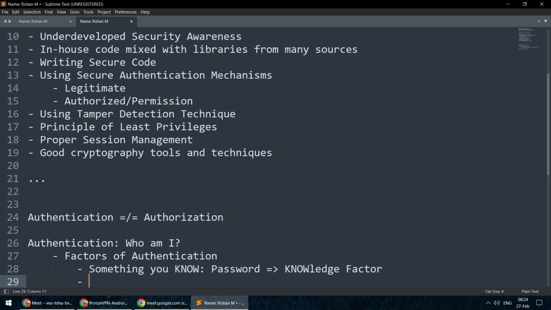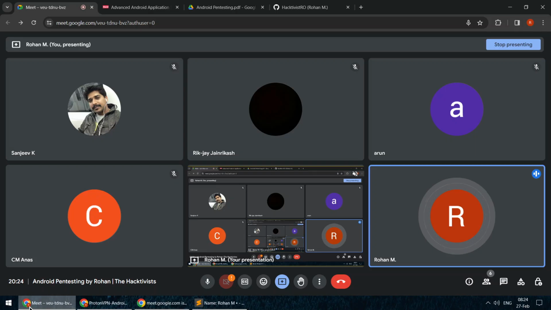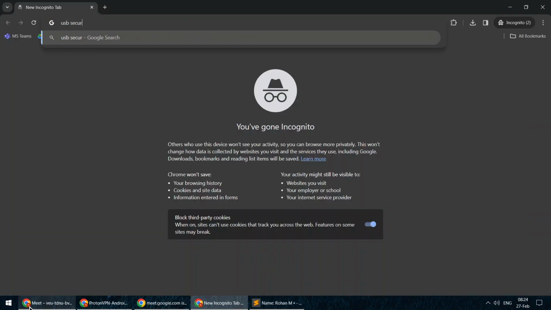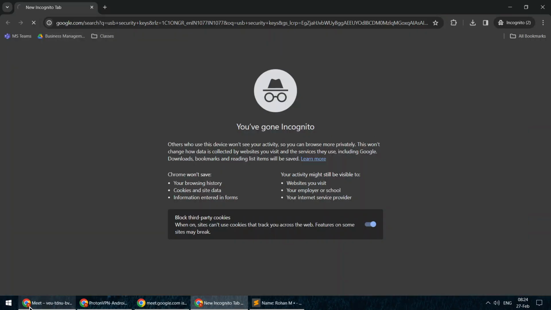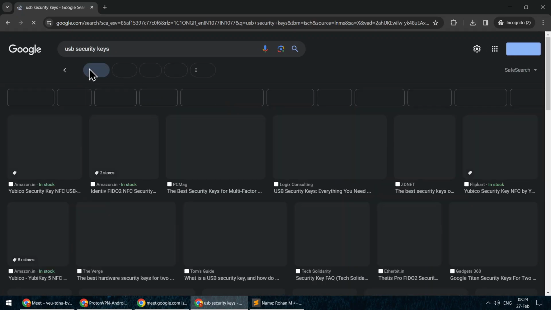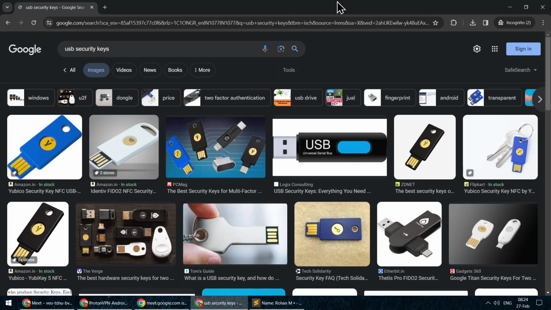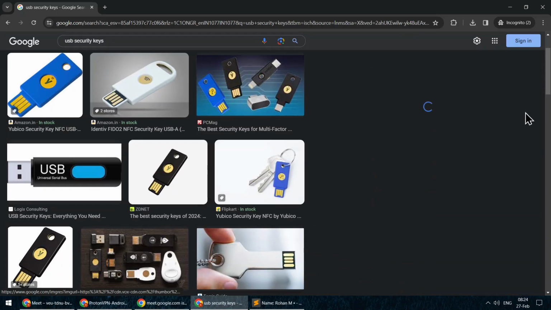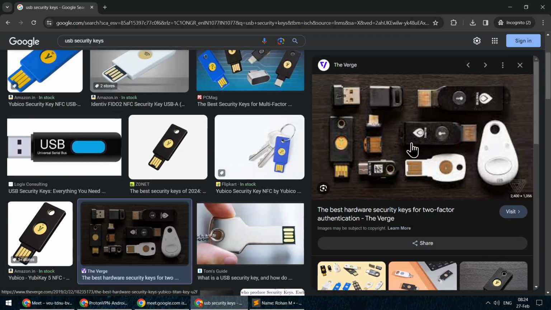Next part, that is something you have. Something you have, as in you must have seen those USB security keys. Here, these are the examples of USB security keys. Whenever you have to log in, you just plug it in and you will be logged in. Here, these are the different types of USB security keys.